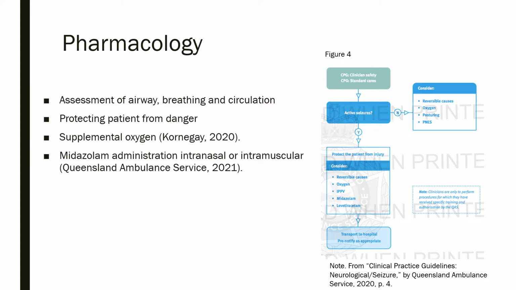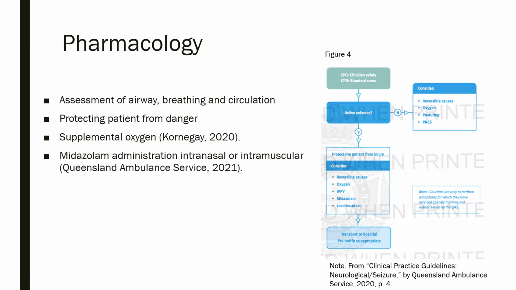Oxygenation is also an important aspect of seizure management, as patients can become hypoxic during seizure activity. Oxygen should be delivered at 15 litres per minute through a non-rebreather mask. Placing a pillow under the patient's head and removing any nearby objects away from the patient can assist in reducing the potential for further injuries.